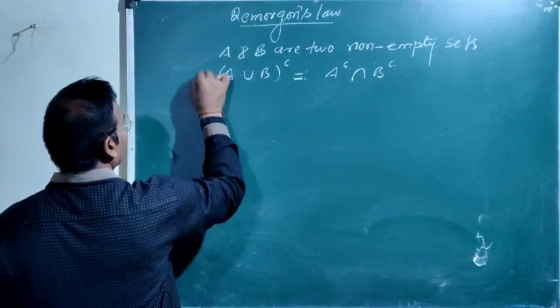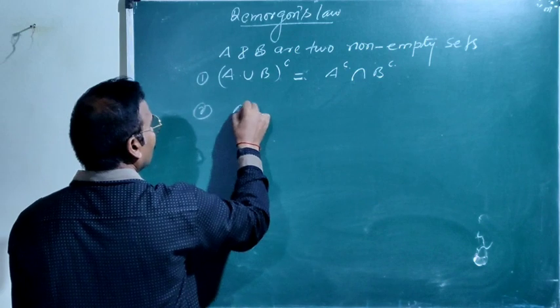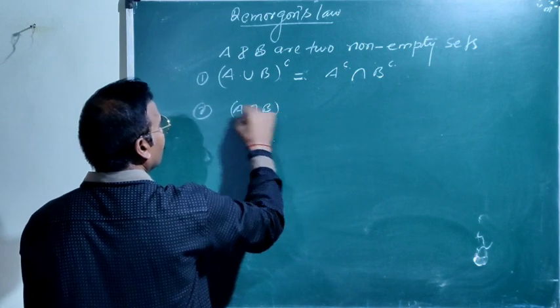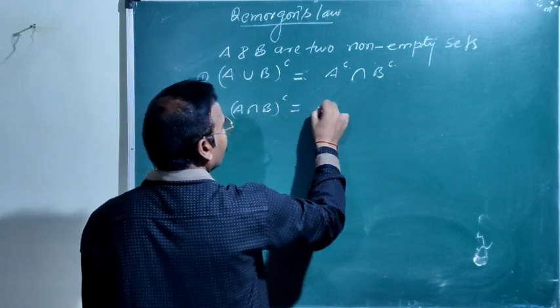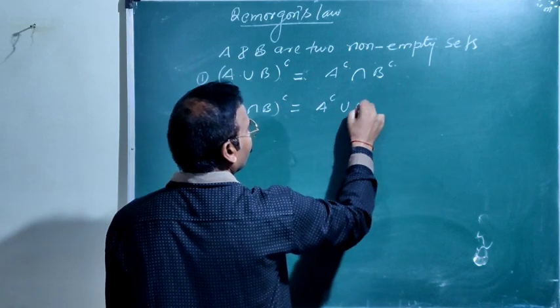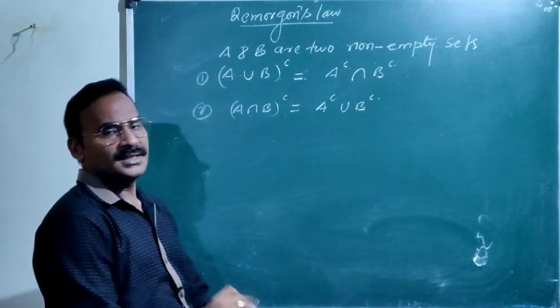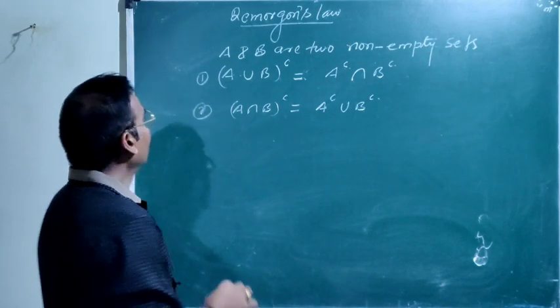And the second part: the complement of A intersection B is equal to A complement union B complement. This is De Morgan's law.